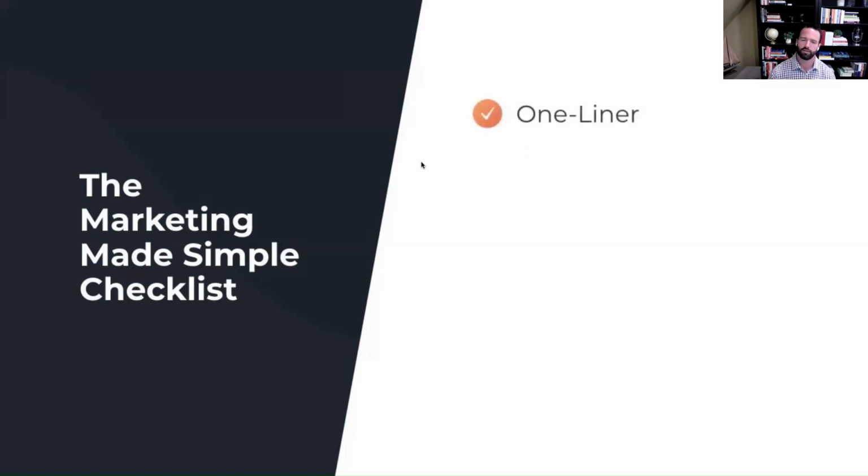The first thing that you need, the first tool in your tool belt, is a one-liner for your nonprofit. This is a simple, straightforward 1 to 2 sentence phrase that is clear, concise, and is very, very helpful in helping new people find out what you do. The perfect example of when a one-liner would be used: if somebody asks you, "What do you do?"